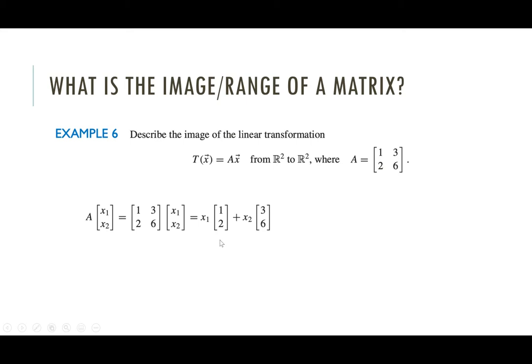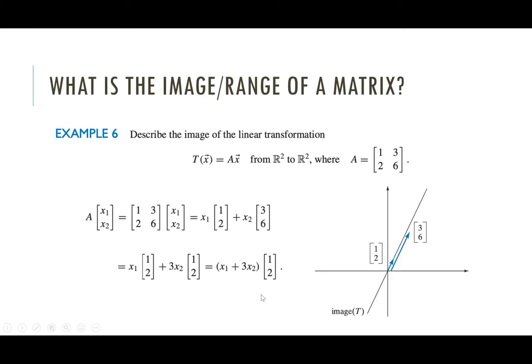Then you might notice here that 3, 6 is actually a multiple of 1, 2. So we could rewrite this as x1 times 1, 2 plus 3x2 times 1, 2. Then we can group these coefficients and write the solution like this.